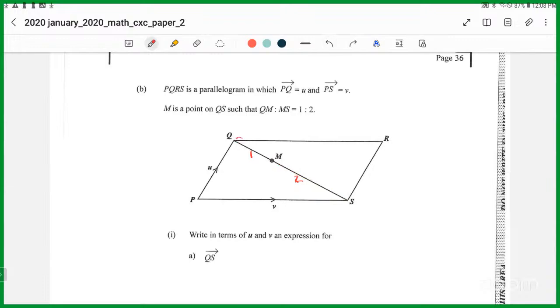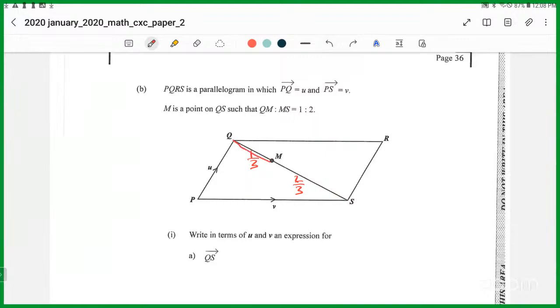It means this piece is 1/3 of the entire line, and this piece is 2/3 of the entire line. So from Q to M is 1/3 of the whole QS, and M to S will be 2/3 of the whole QS. That's what's going to happen in this question.